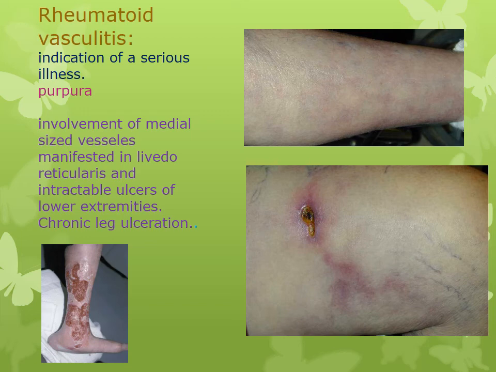In small blood vessel involvement, there may be purpura. In small to moderate vessels, there may be livedo reticularis, and if medium-sized arteries are involved, there will be ulceration. In chronic disease with involvement of medium to large blood vessels, it results in chronic leg ulceration.